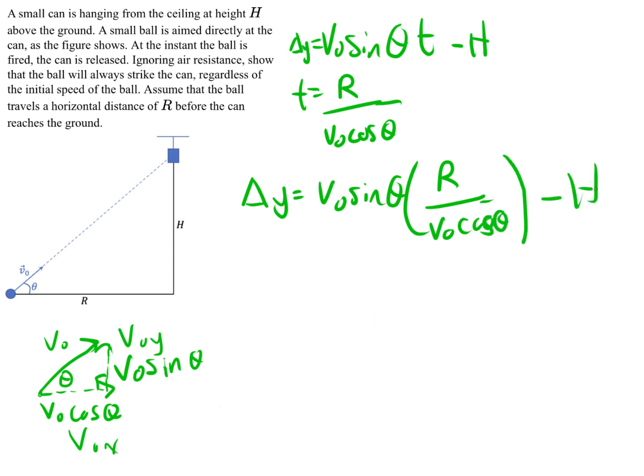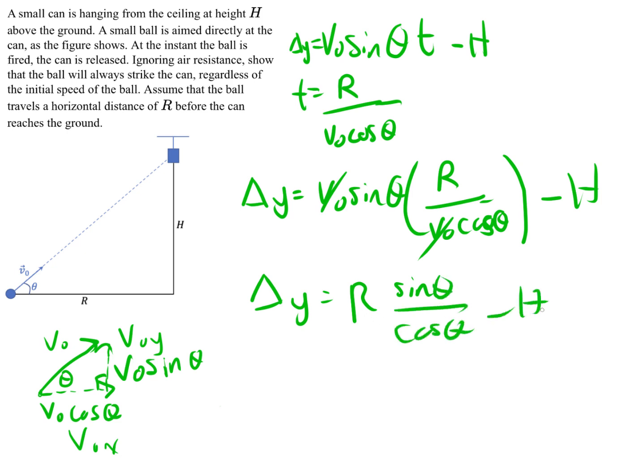And we're going to subtract h from all of that. So if you notice, multiplying this, the initial velocities will cancel. So you're left with change in y equals r times sine theta divided by cosine theta minus h. And now sine theta divided by cosine theta is tan theta. So the y difference is simply the distance r times the tangent of theta minus h.